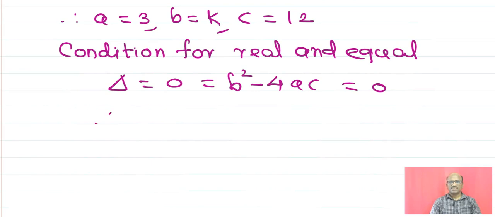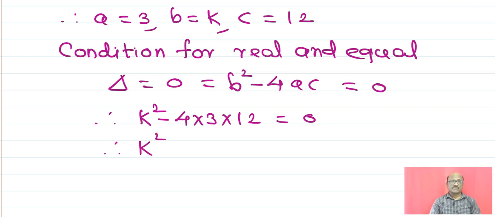Substitute the values: k square minus 4 into 3 into 12. Therefore k square minus 144.